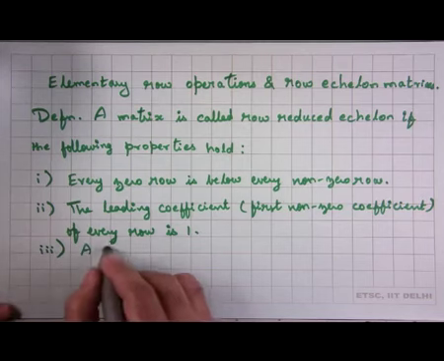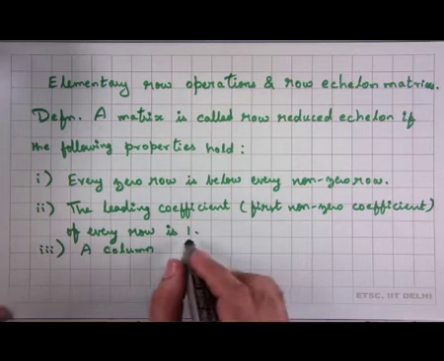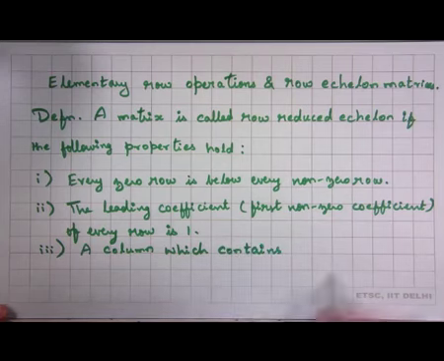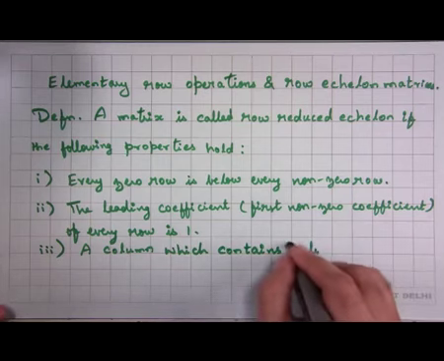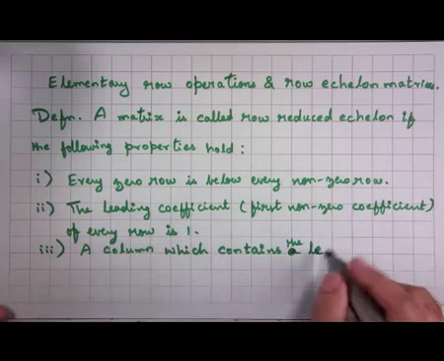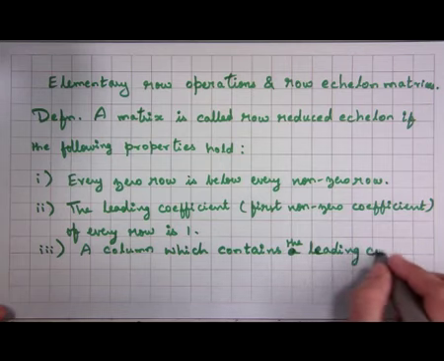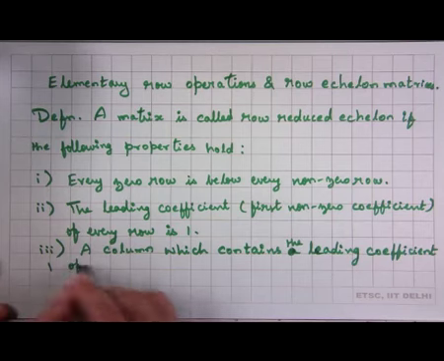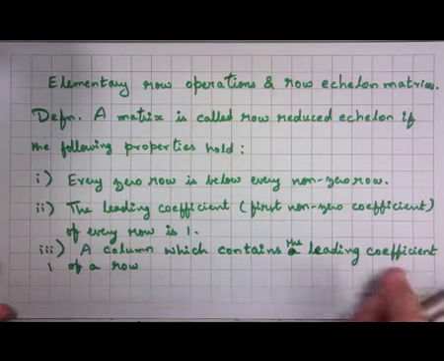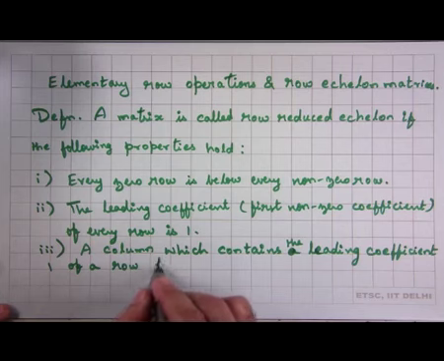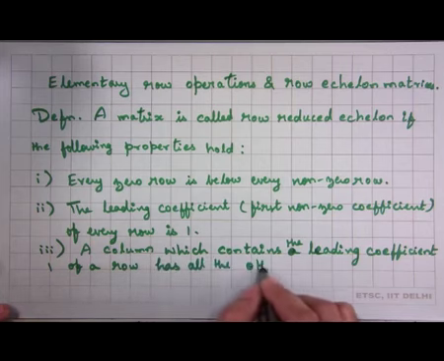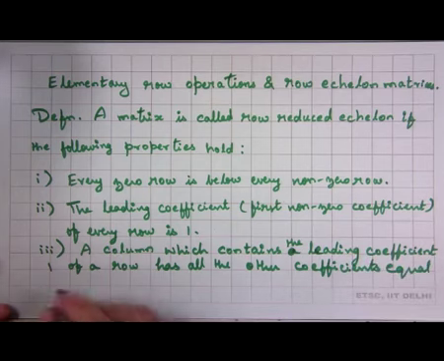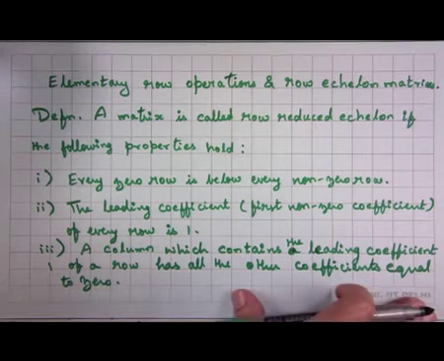Well, the third one, a column which contains a leading non-zero entry, because the second one says that the leading coefficient should be 1, so which contains the leading coefficient 1 of a row, has all the other coefficients equal to 0. Right. So, you have 3.